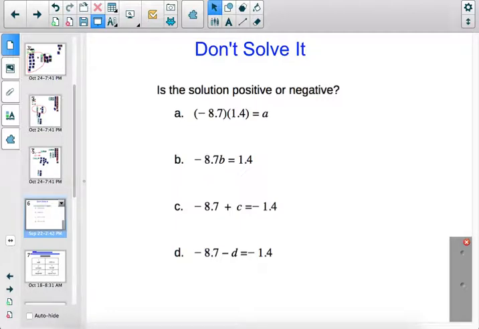So you need negative 8.7 to go up. So what does D have to be in order to make that happen? Here, real quick, you have negative 8.7 minus. Because if it was positive, then it would be positive. Think of it this way. You have a negative.